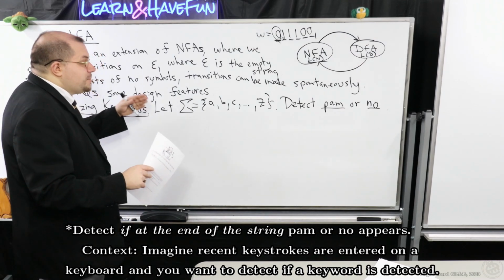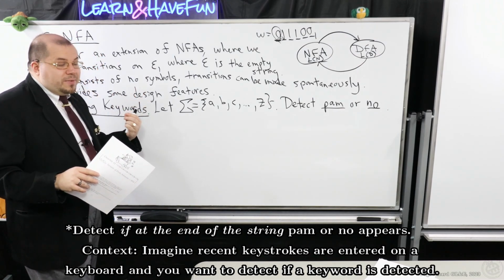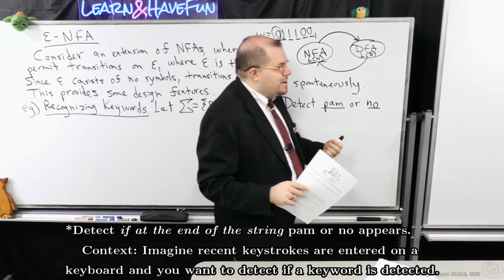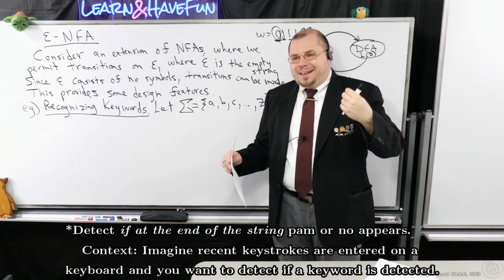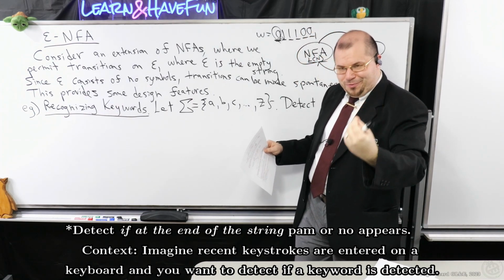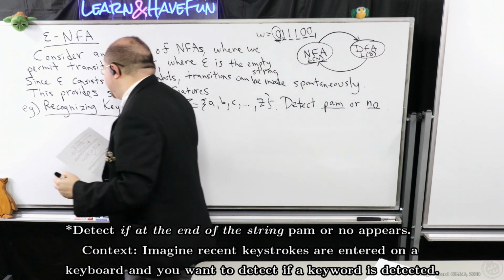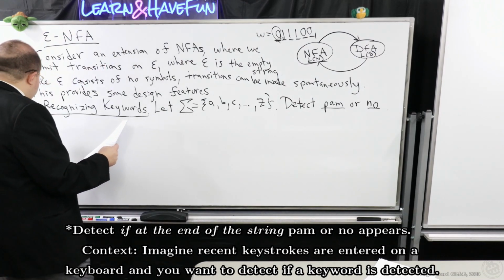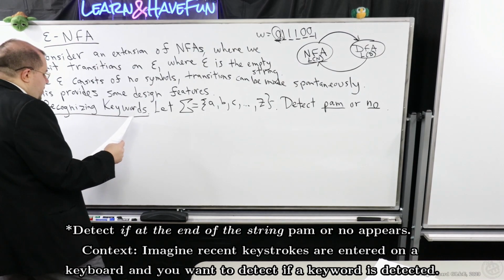If we did this with an NFA, it's not terribly difficult. But the issue at hand is that I would like it to be even easier to perform or construct such a machine. So let's do this. We're going to start off with a start state.